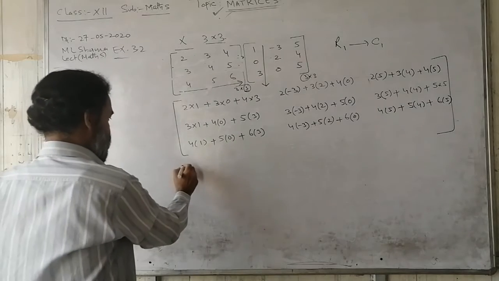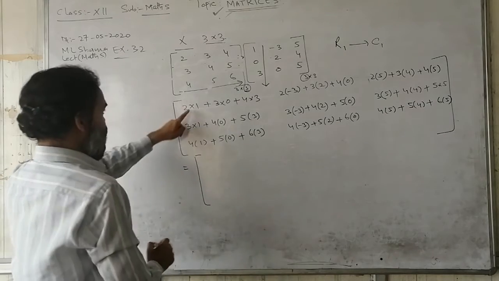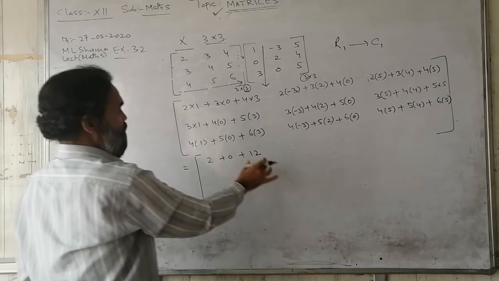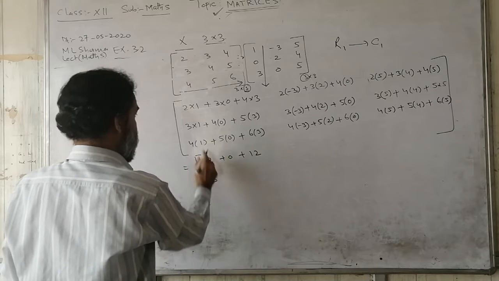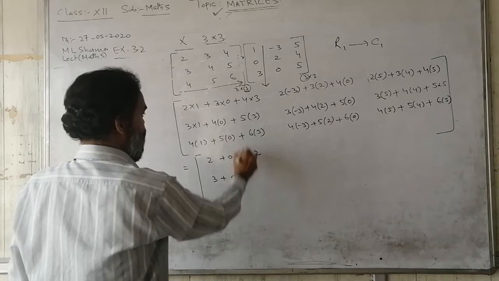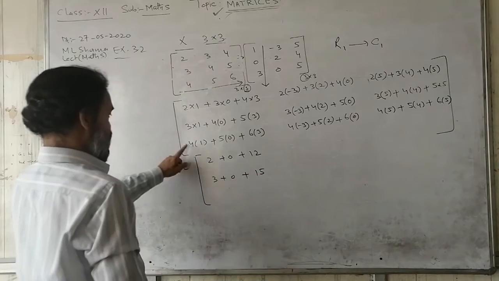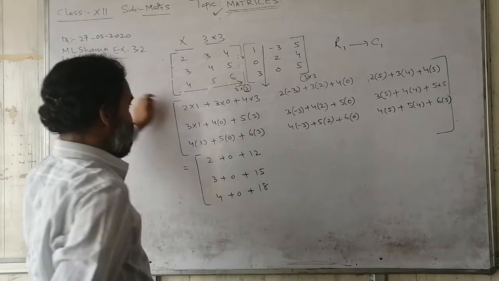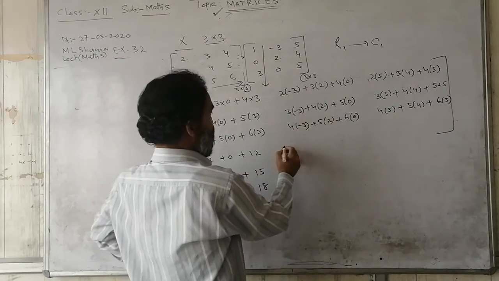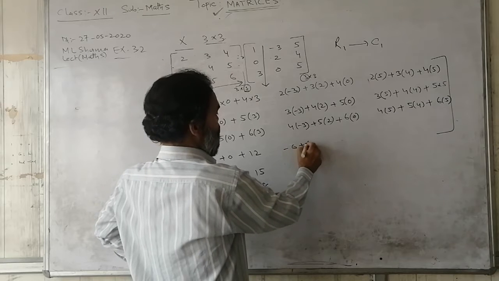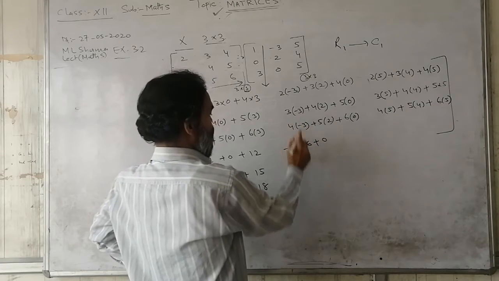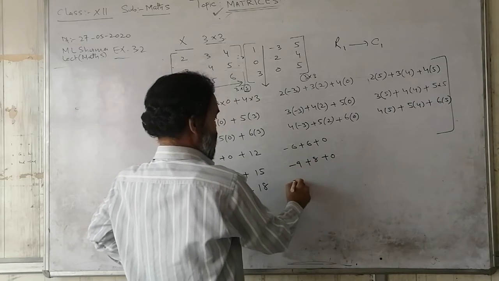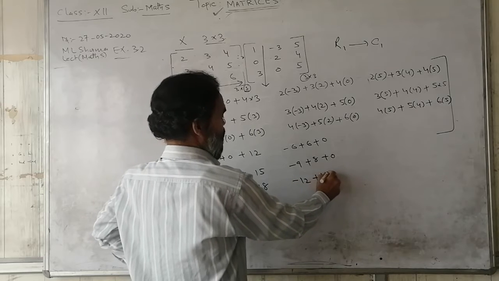So this will equal 2 plus 0 plus 12. Then here 3 plus 0 plus 15, and here 4 plus 0 plus 18. These are the column first elements. The column second elements will be minus 6 plus 6 plus 0, then minus 9 plus 8 plus 0, minus 12 plus 10 plus 0.